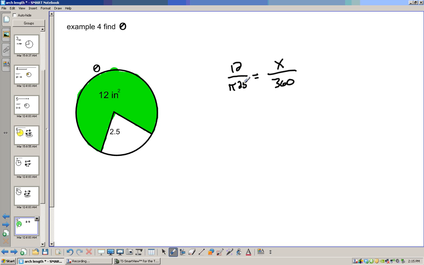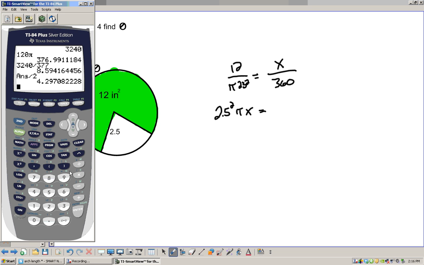Now I'm going to cross multiply. X times this, 2.5 squared pi, so 2.5 squared pi x equals 12 times 360. Let's see, 12 times 360 equals 4,320.